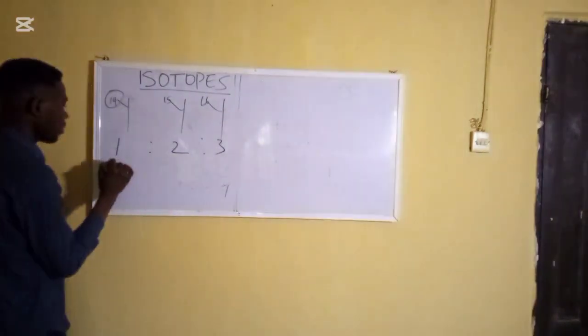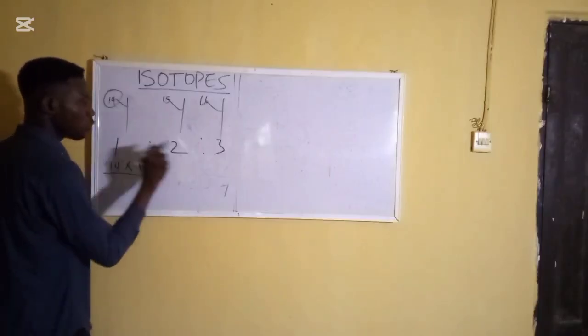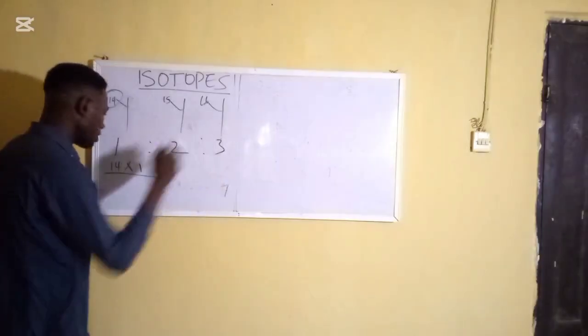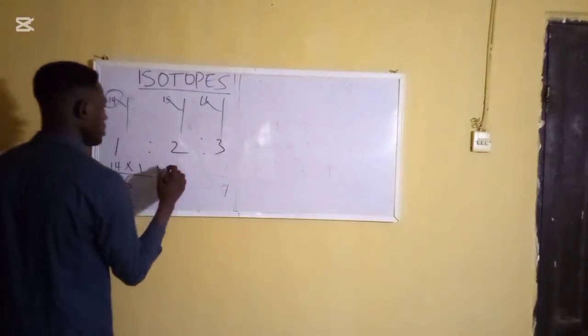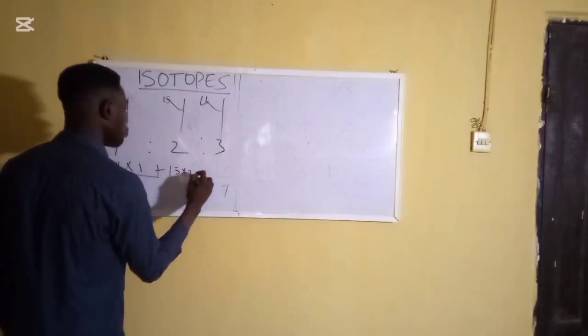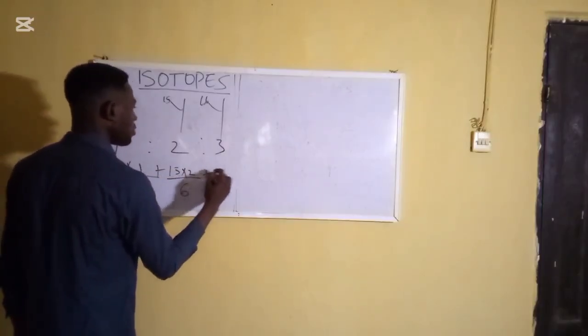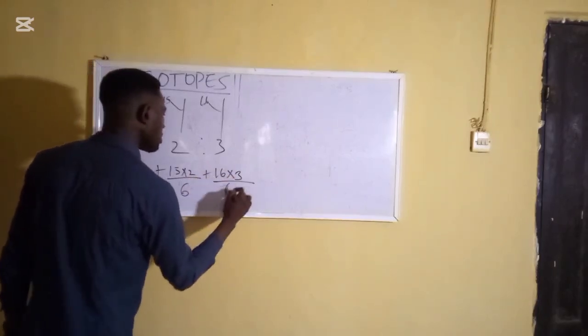Now, this is what I mean: 14 times 1 over 1 plus 2 plus 3, which is 6. So you have 14 over 6, and this particular one here will be 15 times 2 over 6. And this particular one here will be 16 times 3 over 6.